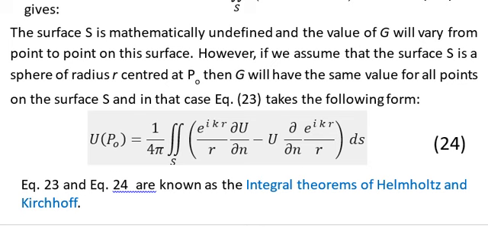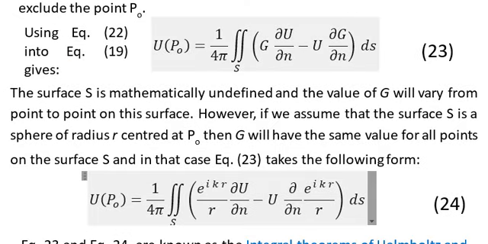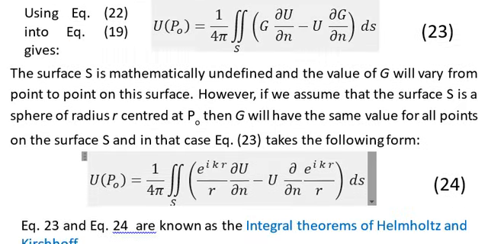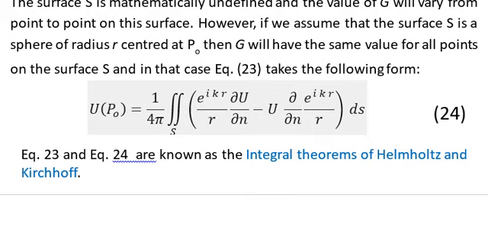And here in equation number 23 we have a partial derivative of G with respect to n, and we have substituted over here the value of G, which is e to the power iota kr over r. Equation number 23 and 24.